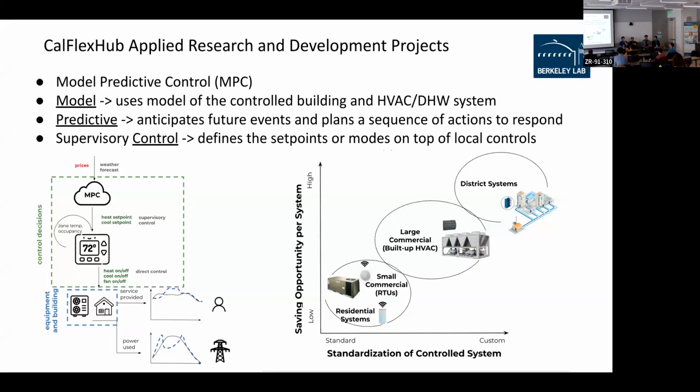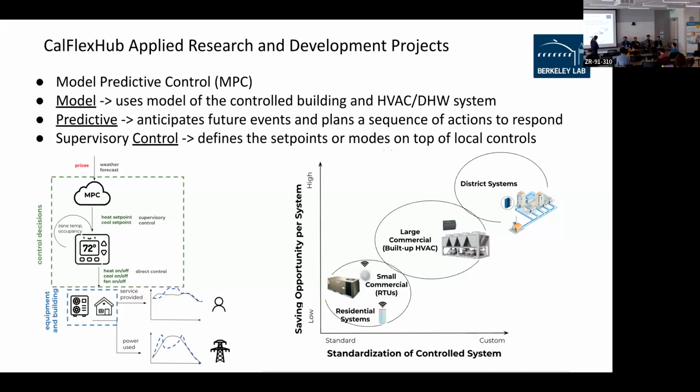We can see in the other slide here that we have different types of systems that we're going to present here that span different groups of appliances in different sectors of the market. So in terms of standardization, there are more standardized and unitized systems in residential and small commercial, and obviously those are smaller, so they have smaller saving opportunities per system.